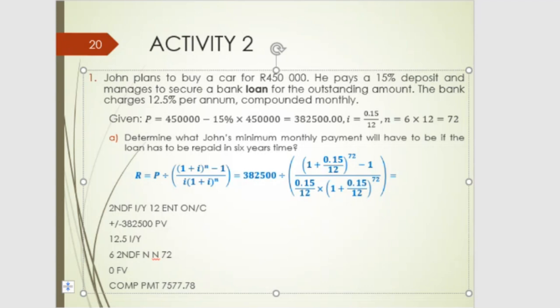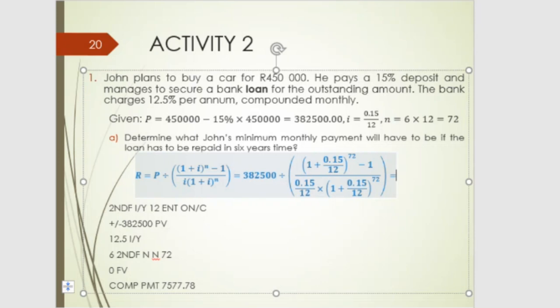Okay, I'm getting an error. I'm using Casio. It's on words. Okay, so this is what you do. 382500, then divide by, there's a lot of brackets. Then open brackets, then that symbol which is a fraction.